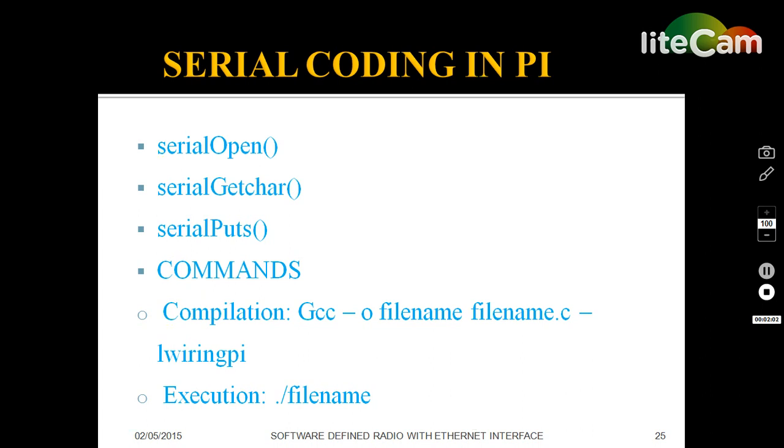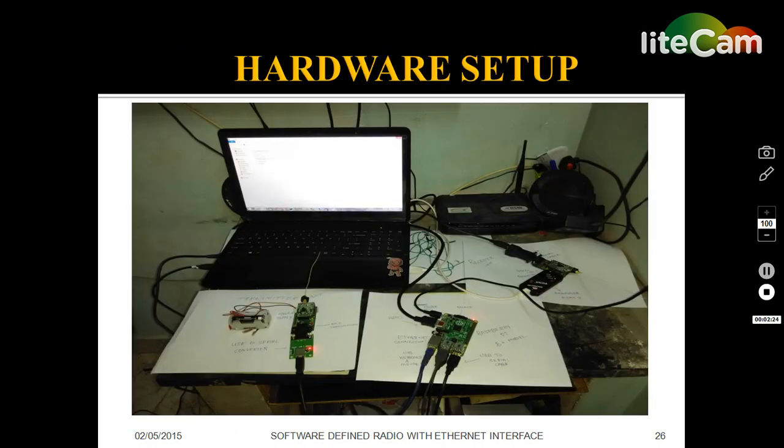Then some GCC commands. The command for compilation is gcc -o filename filename.c -lwiringPi. lwiringPi is a library which includes all the serial communication functions. Execution is done by using the command ./filename.